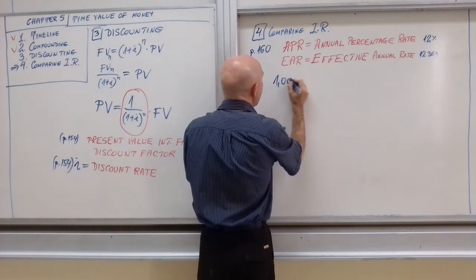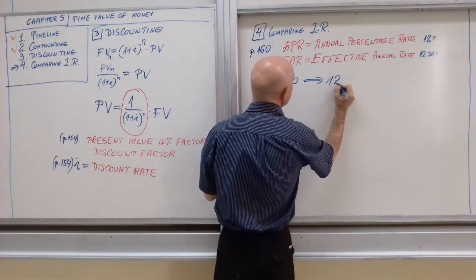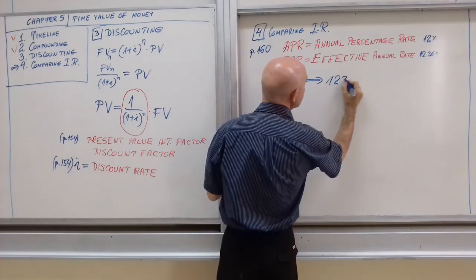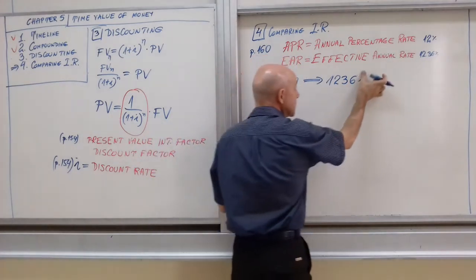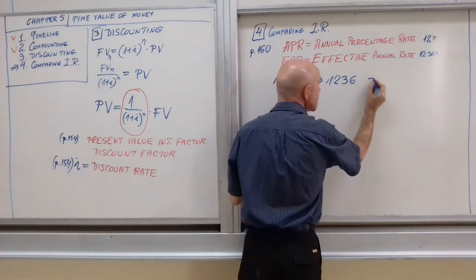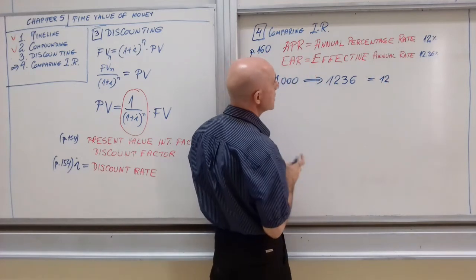If you borrow 1,000 and you're going to pay 1,236 dollars. Oh, no, there's no percent. This is the same as my mistake. 1236.